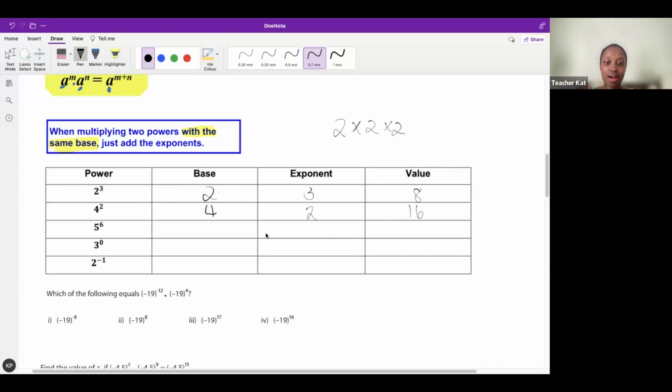Next one is 5 to the power of 6, my base. My base is 5. My exponent, 6. And the value of this whole power is 15,625. That is true.